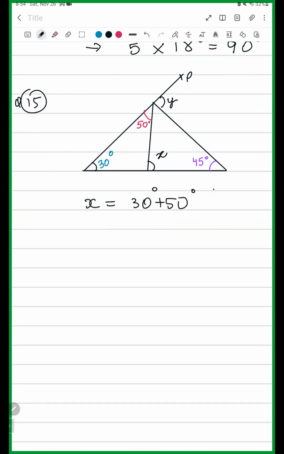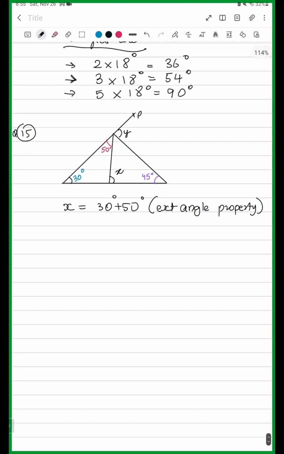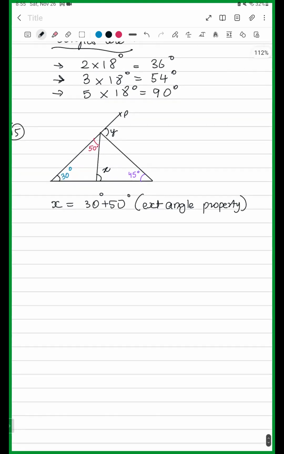You will write over here exterior angle property. Do you always have to write that exterior angle property? Yeah, just so it's clear to you as well and to the teacher, so that the teacher can know that this girl is aware of what she's using. Okay. So we are using the exterior angle property, and x is equal to 80 degrees.